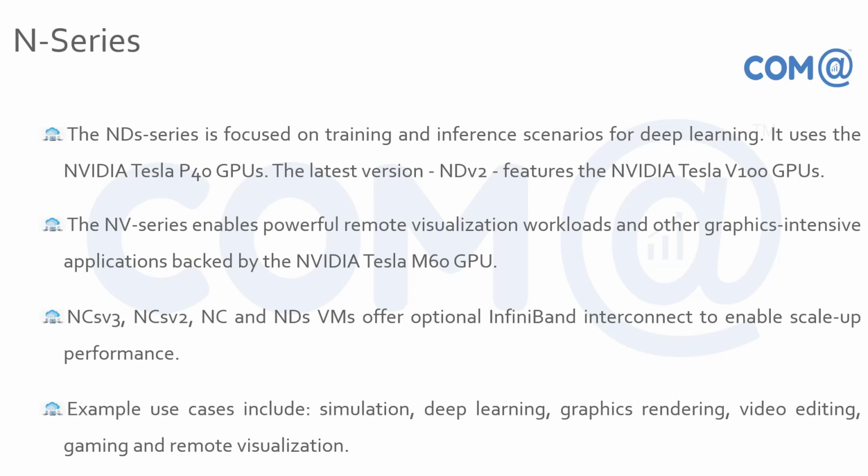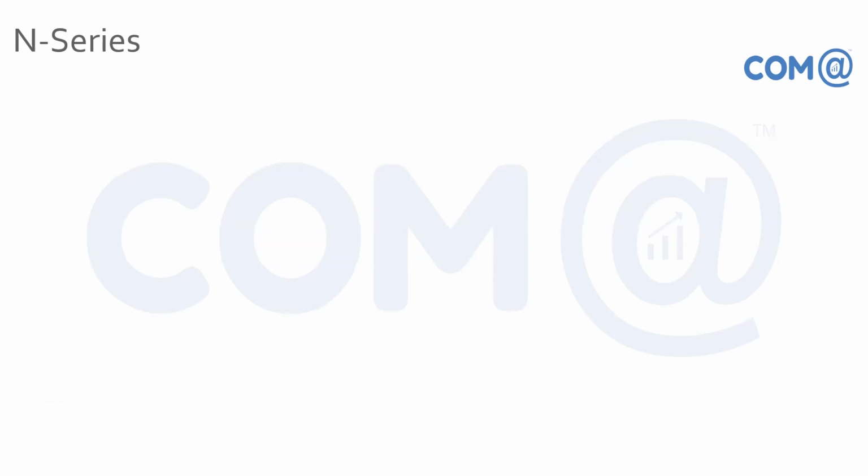And the NV series enables powerful remote visualization workloads and other graphic intensive applications backed by the NVIDIA Tesla M60 GPU. The NCsv3, NCsv2, NC, and ND VMs offer optional InfiniBand interconnect to enable scale-up performance. Example use cases include simulation, deep learning, graphics rendering, video editing, gaming, and remote visualization.